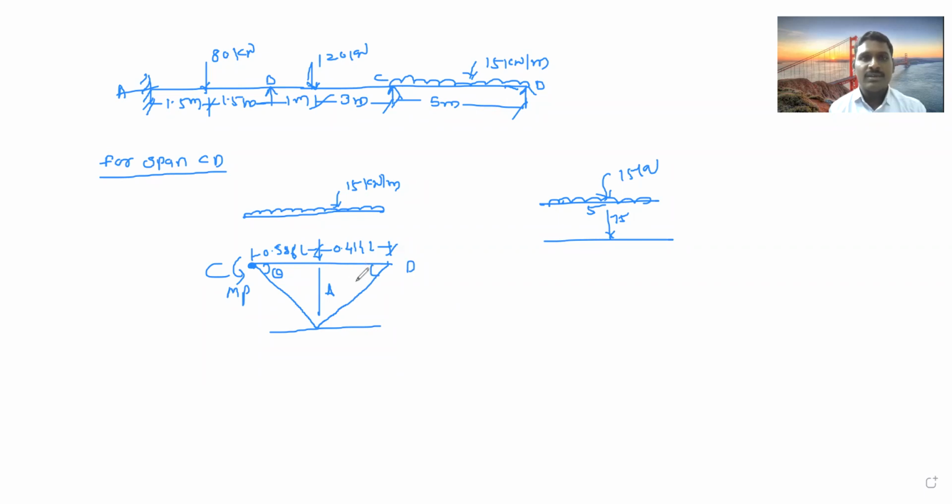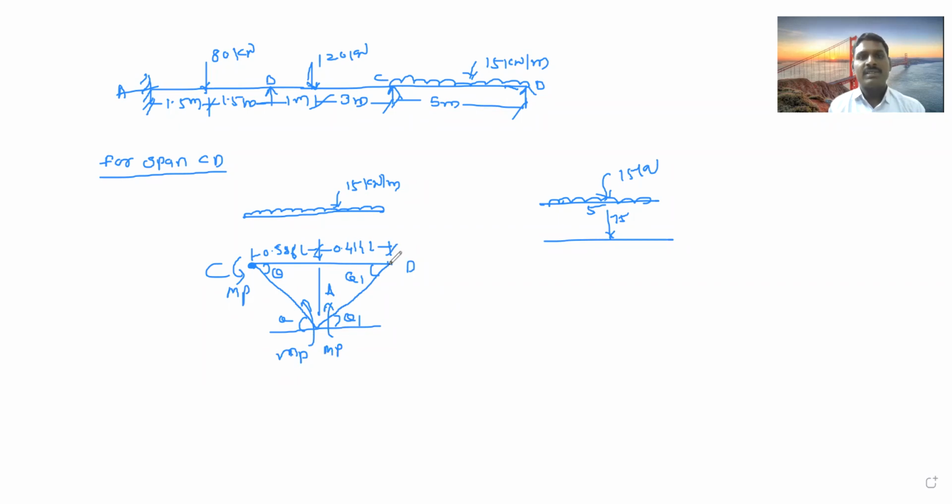What is the value of rotation here? Is it theta or different? Different, because this is 0.586 L and this is 0.414 L. Are both distances the same? No. If these two distances are different, then this value will be theta 1. So this is theta 1, this is theta. Here MP will be there, and here again MP will be there.